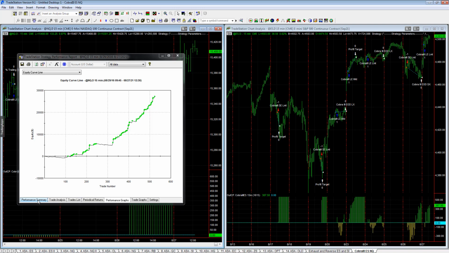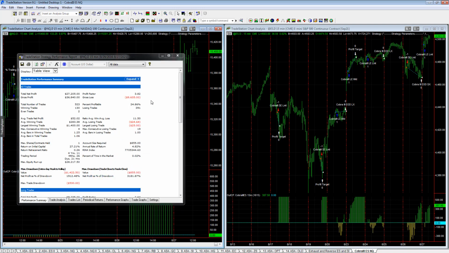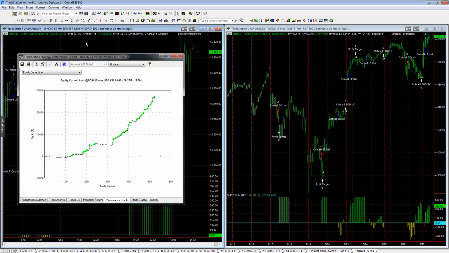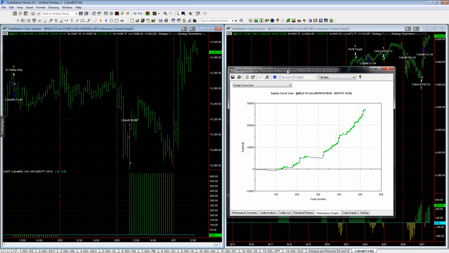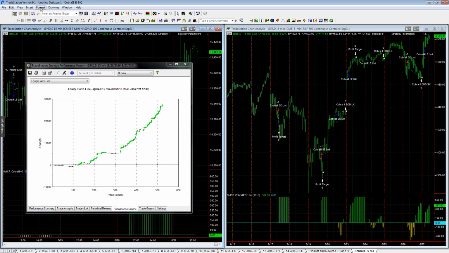To get what you would essentially consider the perfect strategy, you could trick yourself into believing you had something really good to trade when you didn't. So it's important to be careful and take into consideration the parameters you're using, the strategy you're using.